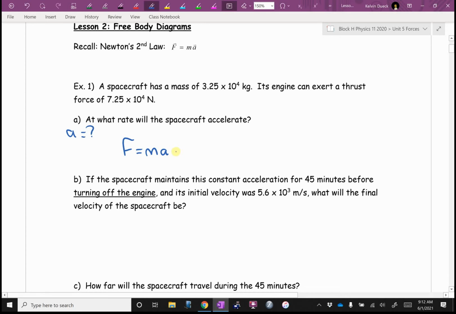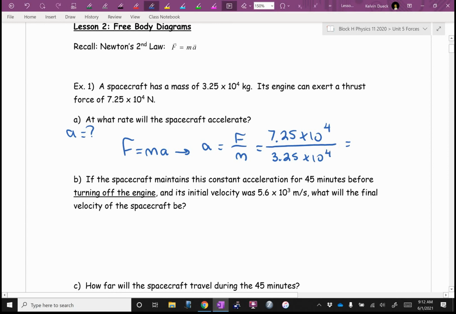Yeah. We'll name that Alex's theorem for the rest of this unit. So Alex's theorem says that acceleration is also force divided by mass. The force is 7.25 times 10 to the 4th newtons. The mass is 3.25 times 10 to the 4th.